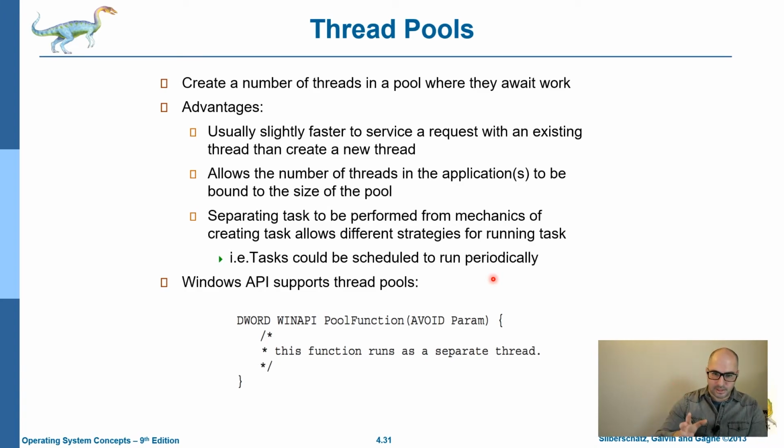Then when that task is available, it will be dispatched to that pool. The Windows API provides a pool call that creates a pool function, and then each of these code segments will run within that pool when one of those threads is available. So threads become long-living. They start with the application and shut down with it, and dispatching work to those threads, not execution, is handled by the library.